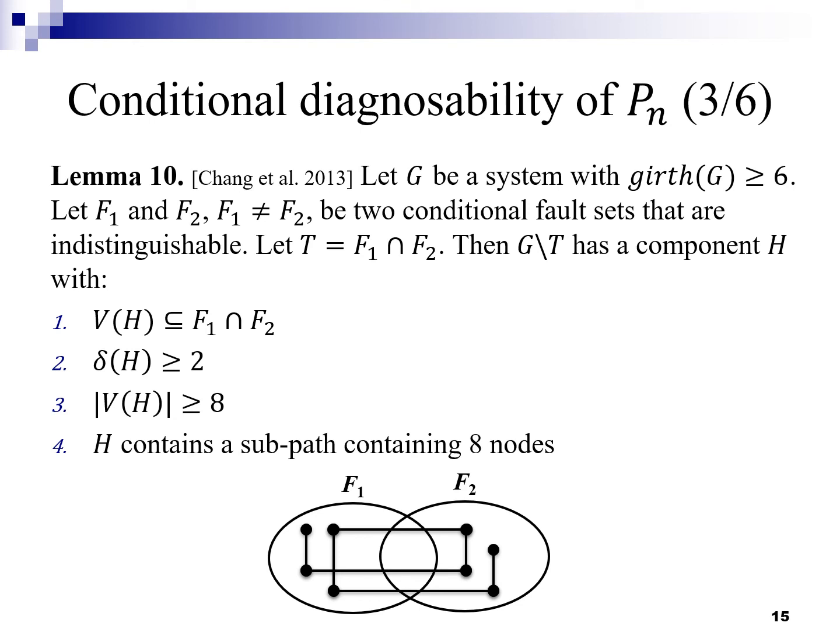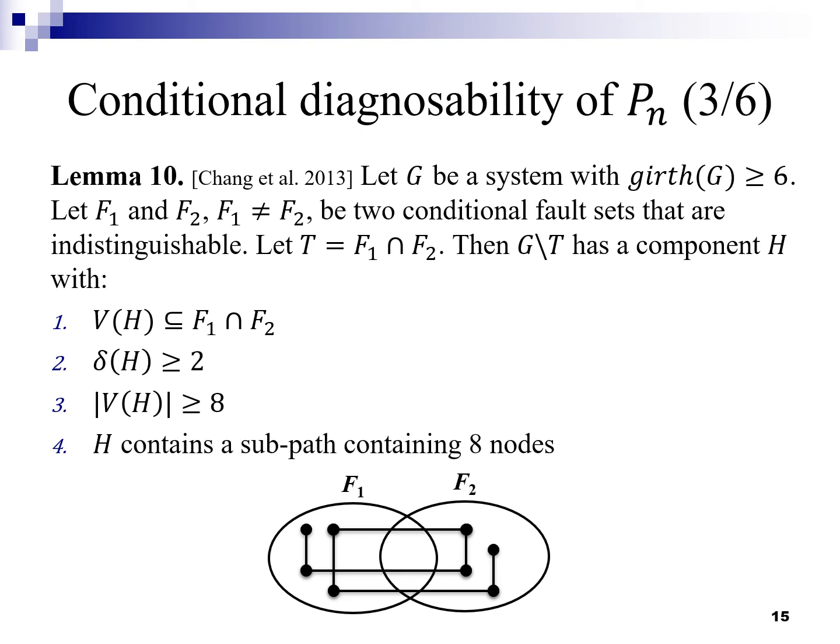Let F1 and F2, where F1 is not equal to F2, be two conditional fault sets in the system, and they are indistinguishable. Also, let the term T be the intersection of F1 and F2. Then G divided T has a component H with the following 4 observations.